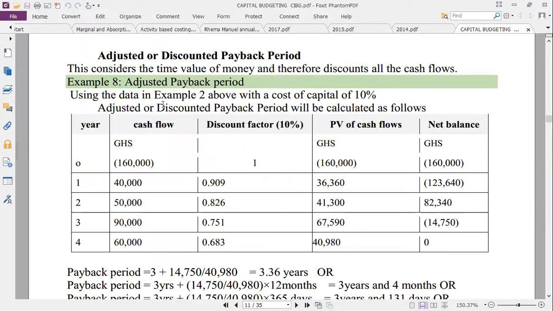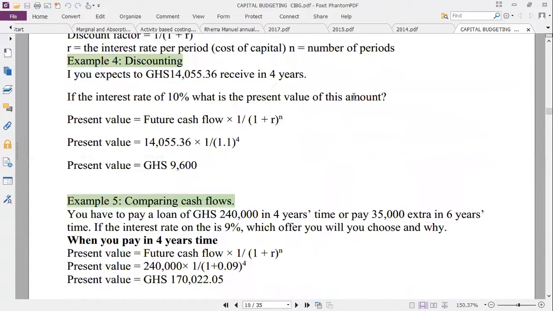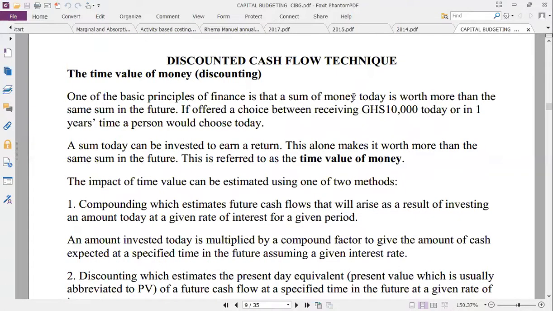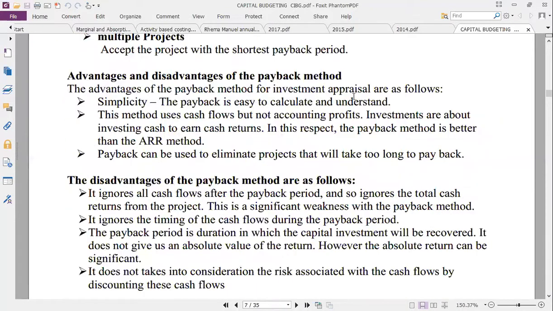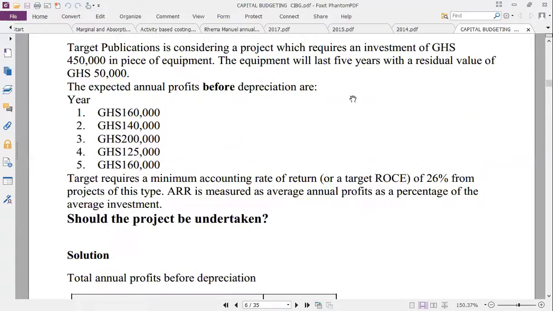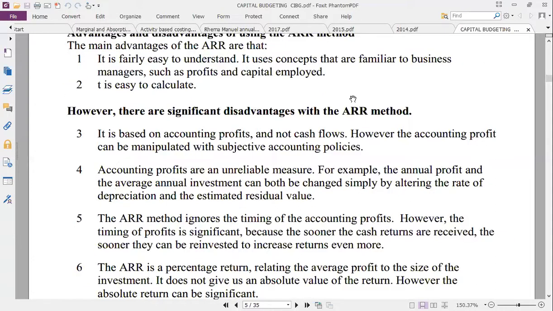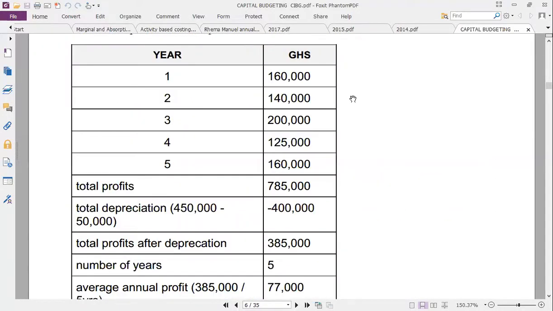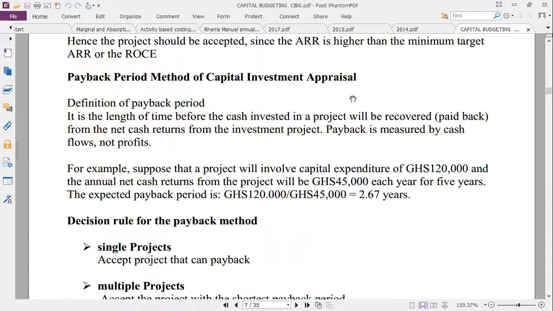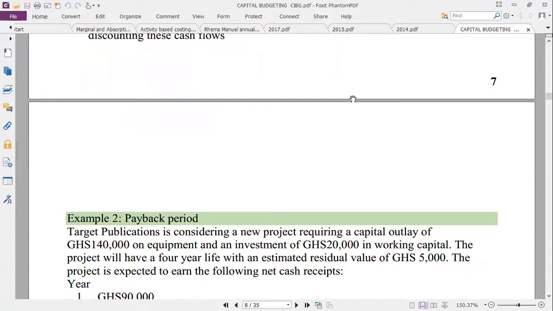It says that using the data in example 2 above with a cost of capital of 10%. Using the data above in example 2. So let's go to example 2. If you can reproduce the last example for me, I'll be very grateful so that I can use that one.